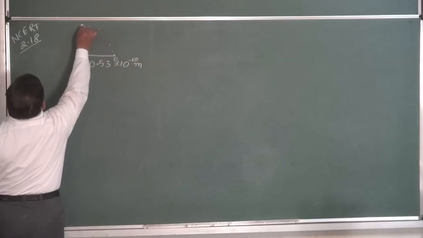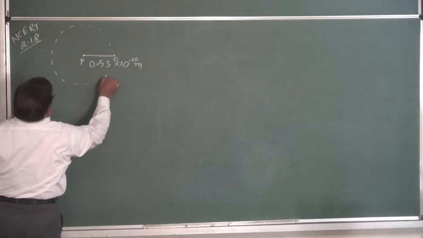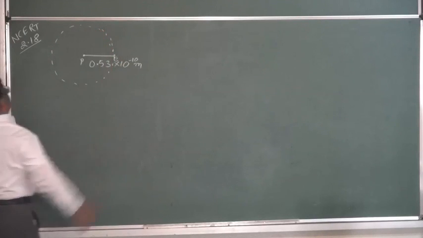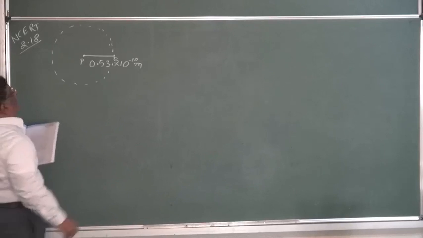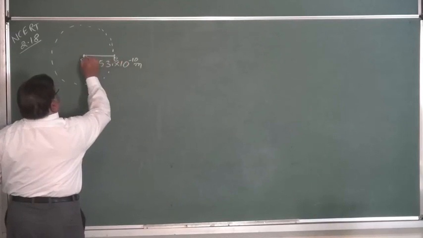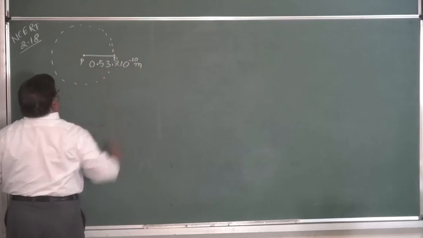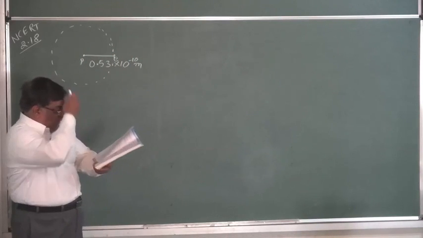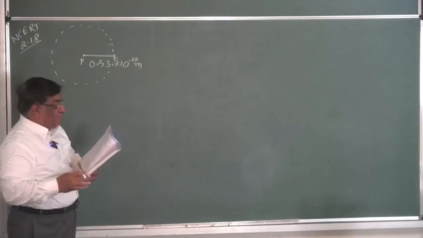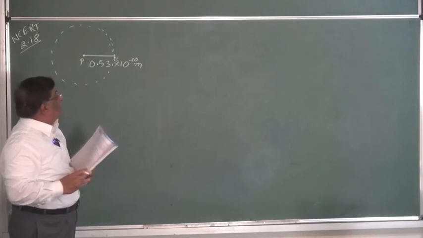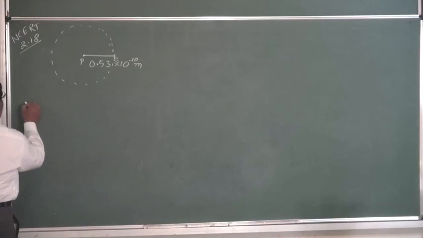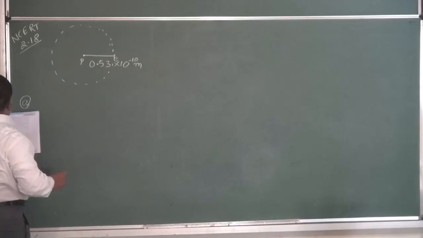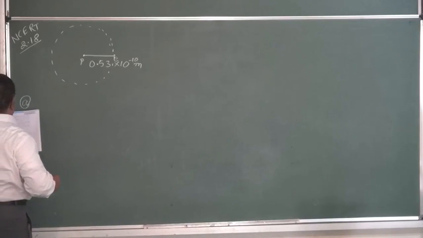This electron moves around the proton this way. Okay, the charge on electron and the charge on proton we know, that is 1.6 into 10 to the power minus 6. Okay, now our questions. Question A: estimate the potential energy of the system.